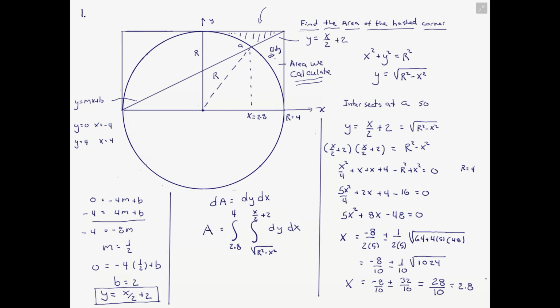All I needed to do was define my limits of integration. And in that case, we're integrating from the surface of the circle to the line in the y direction, and in the x direction from the point of intersection between the line and the circle, and the radius r equals 4.